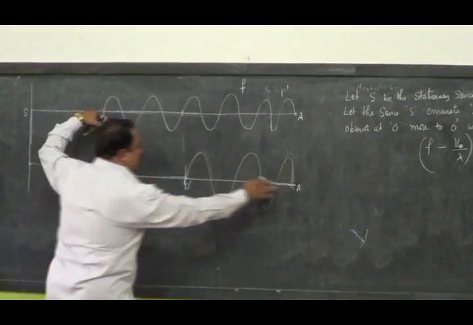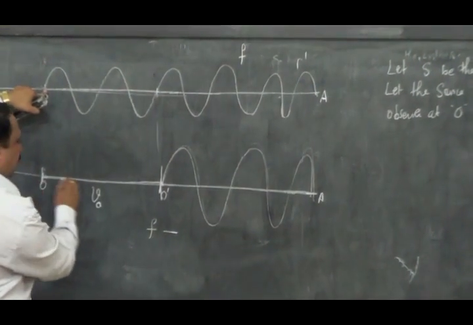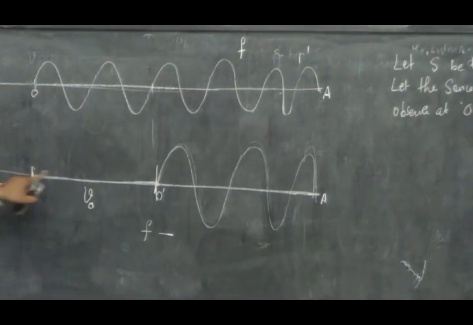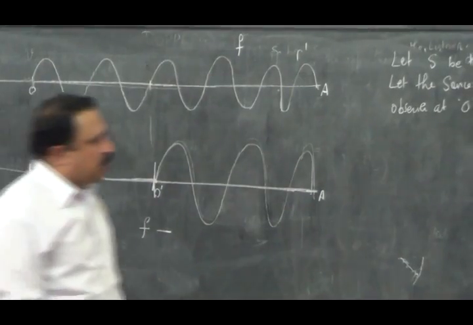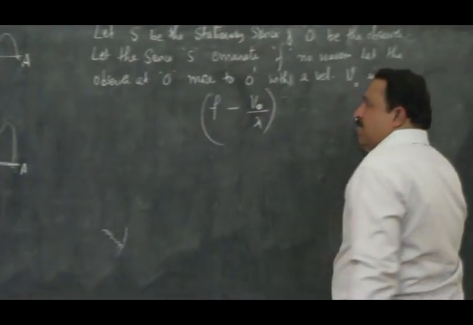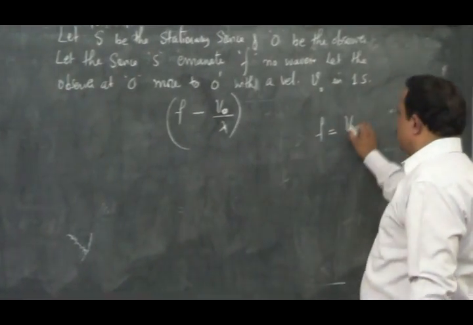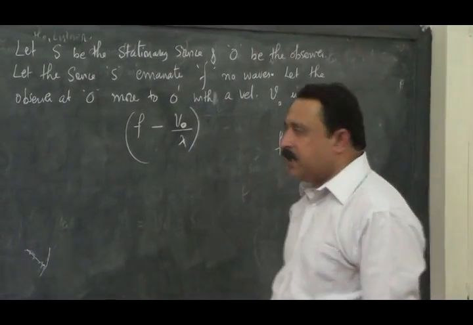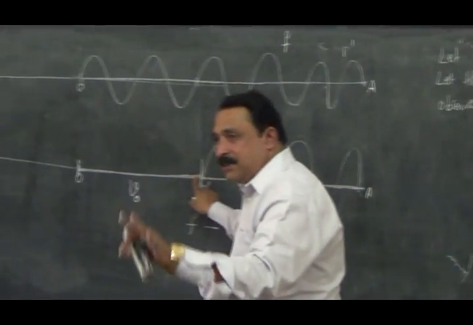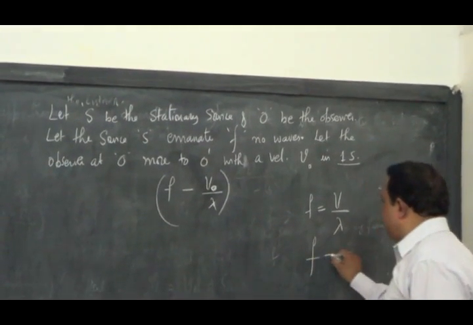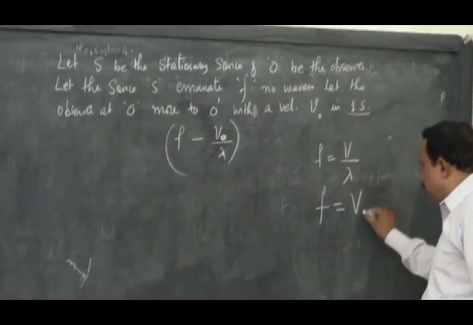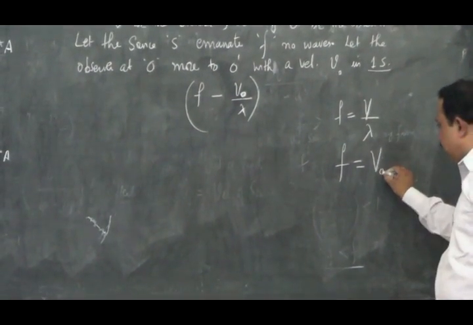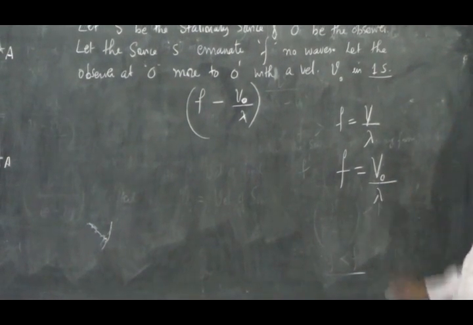This entire is F minus whatever the frequency that was there from O to O dash. What is the formula for frequency? F is equal to V by lambda. Right? So from here to here, V is the same as distance because it is again 1 second. So F equals, instead of velocity, this is V naught divided by lambda.